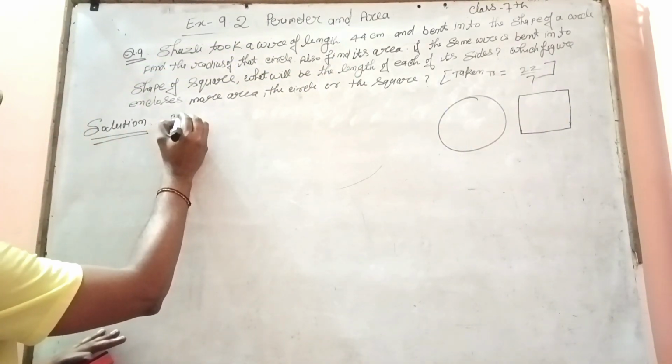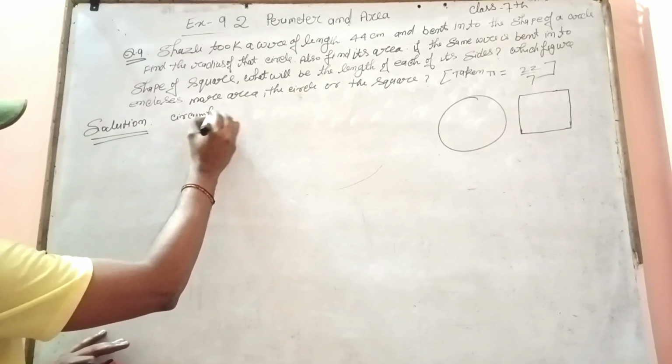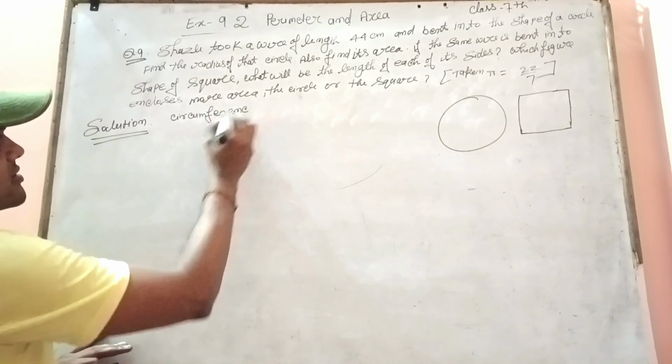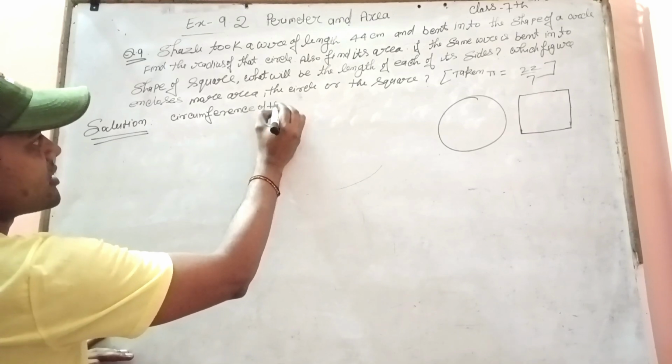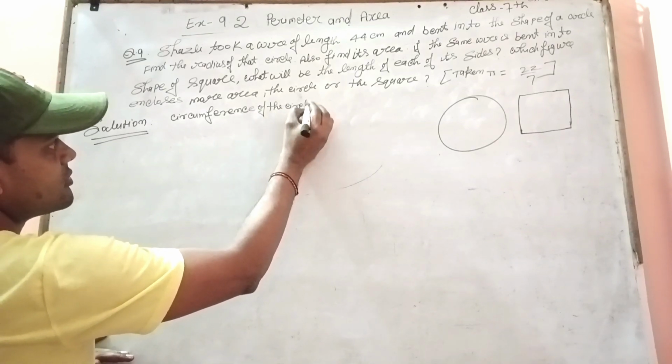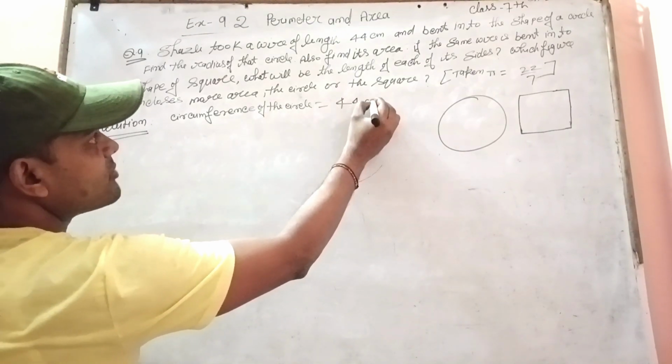Solution. Circumference of the circle is equal to 44 centimeter.